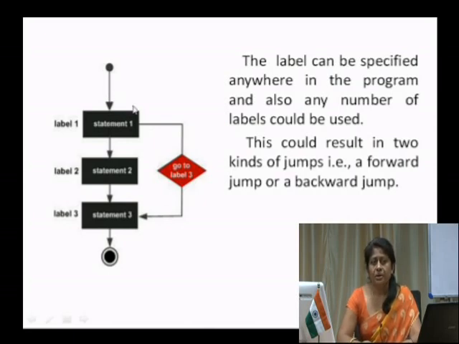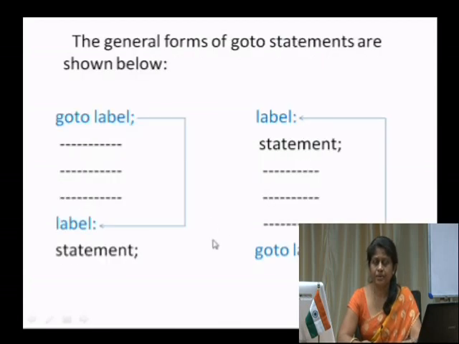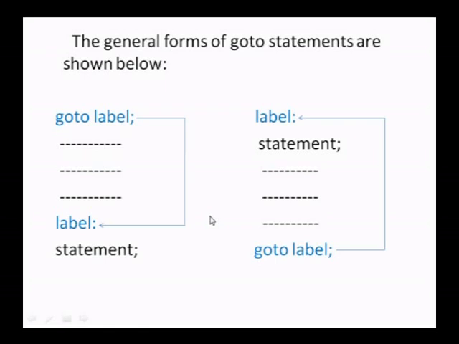When we specify the statement go to label 3, the control would be transferred to this label 3, where the respective statement would be executed. Here we could have either a forward or a backward jump. Just look into this. Here we are using both the forward as well as the backward jump.